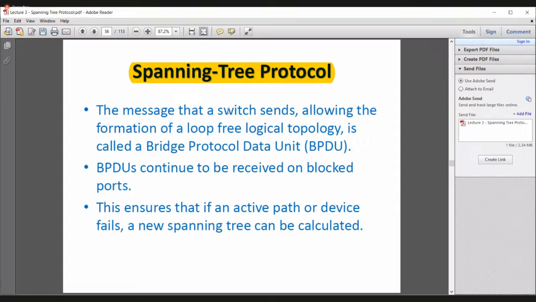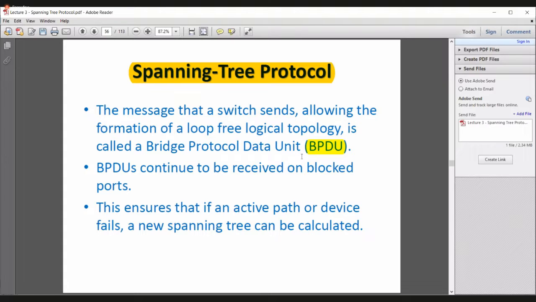Spanning tree protocol introduces some administrative traffic. Those administrative traffics are carried by BPDU, Bridge Protocol Data Unit. That is the data element specific to spanning tree protocol. So the messages a switch sends, allowing the formation of the loop-free logical topology, are called the bridge protocol data unit, right?